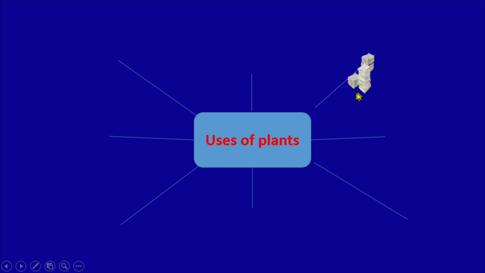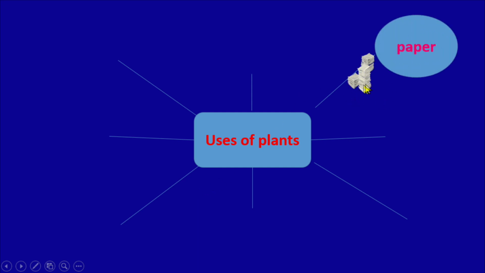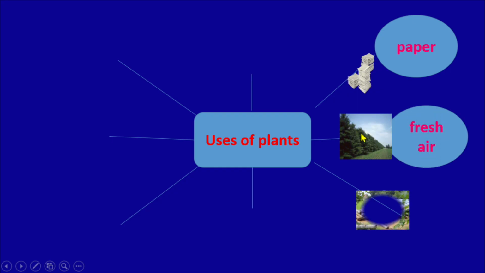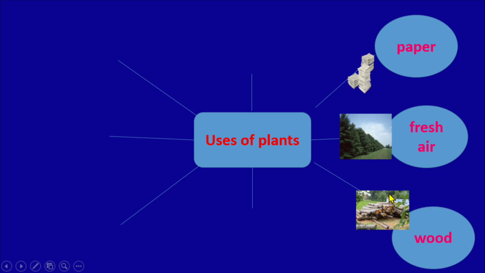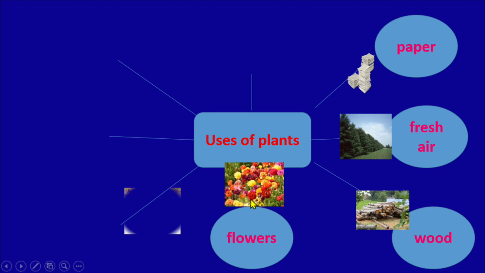We get paper from plants. We get fresh air. Trees give us wood for furniture and also firewood. We get different types of flowers from the plants. We get medicine.